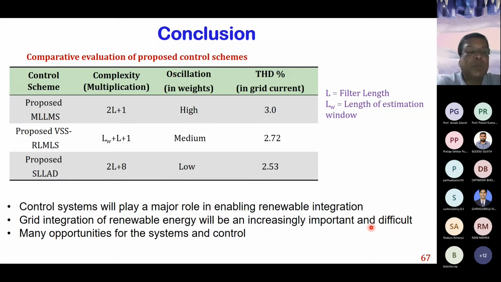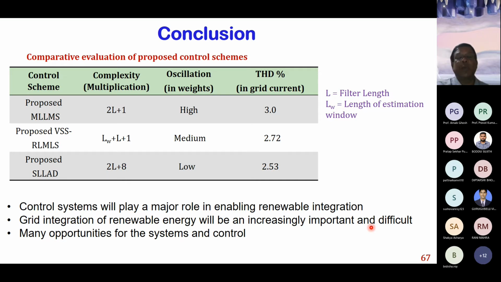If you compare all the three proposed algorithms, that is the modified leaky LMS, the variable step size leaky algorithm and the sigmoid based algorithm, you could see their complexity in terms of multiplications is reduced drastically from the modified leaky, to the variable step size based, to the sigmoid based adaptive filtering based controllers.